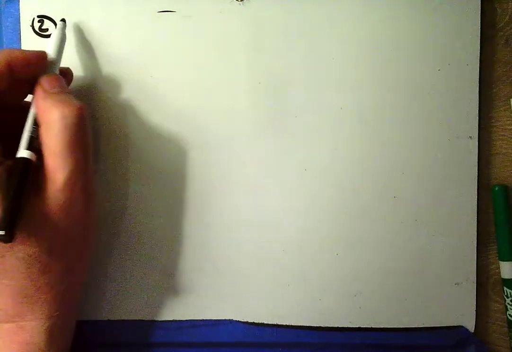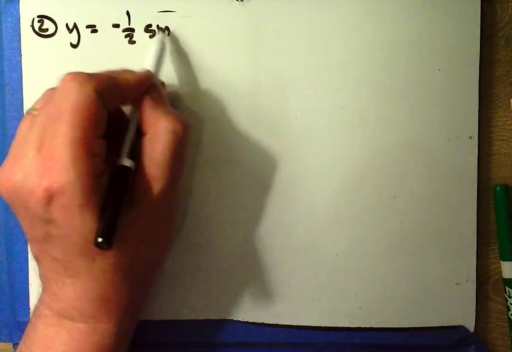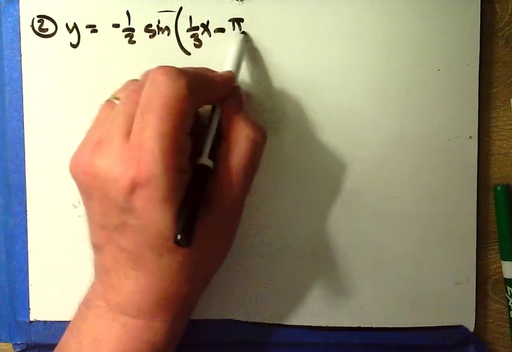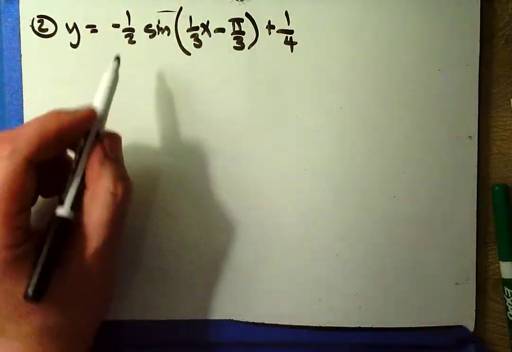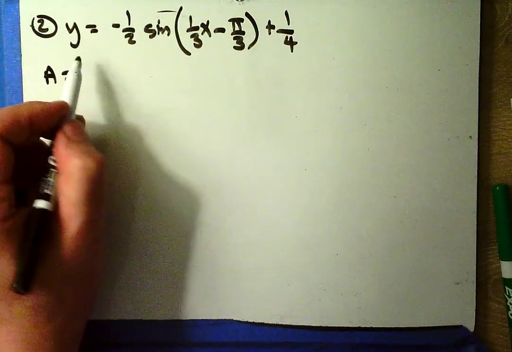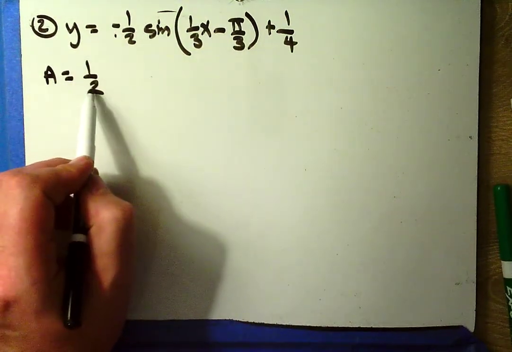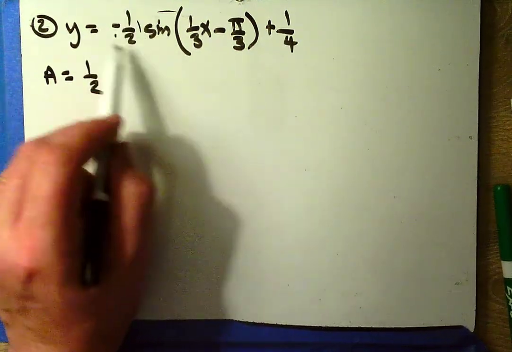Number 2 says y equals -1/2 sine(1/3 x minus pi over 3) plus 1/4. Okay, so we know the amplitude is 1/2, not -1/2, positive 1/2. The amplitude is always the absolute value of this number.